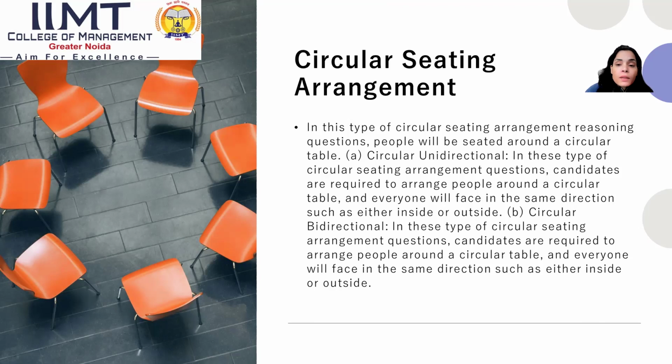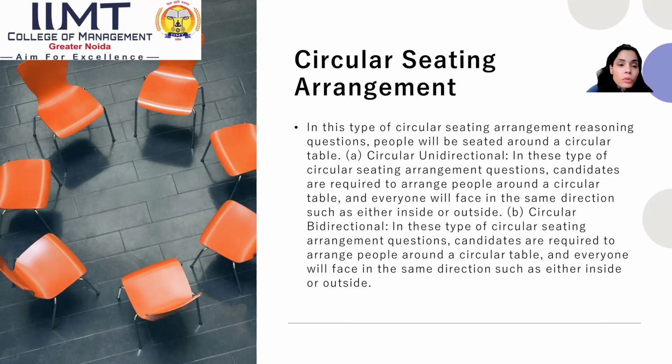Some are here. Circular unidirectional. Circular unidirectional means candidates are required to arrange people around a circular table and everyone will face in the same direction, either inside or on the outside. Means here this is a circular sitting arrangement. Here 7 persons are sitting.